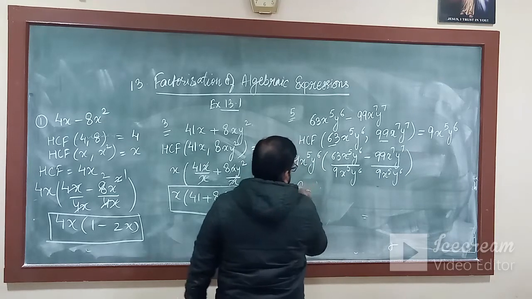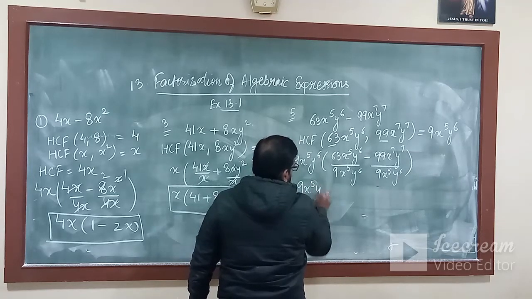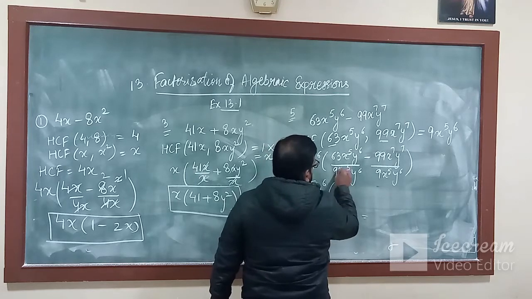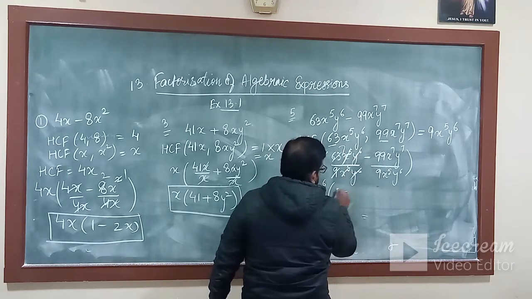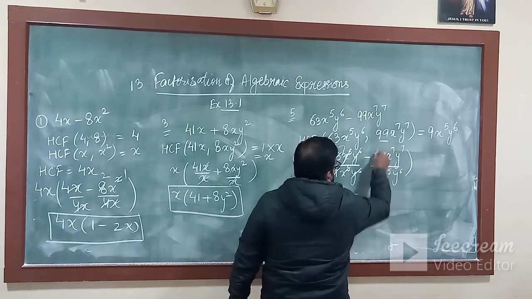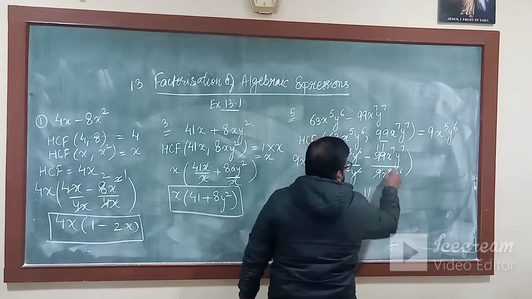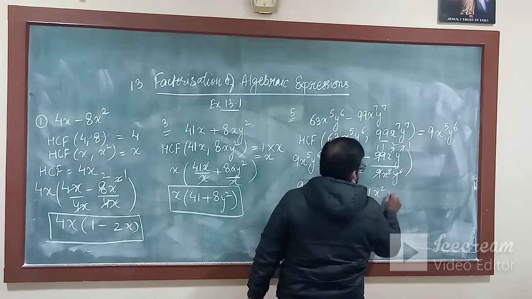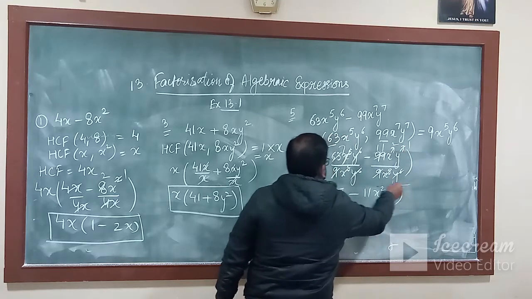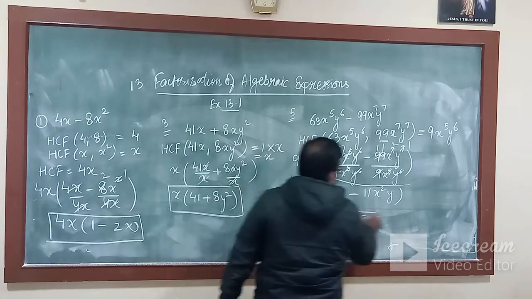Okay, so what will you get? 9 into 7, then this cancels and this cancels, so it is 7 minus 11, then 2 powers of x are left and 1 power of y is left. So this is my factorization.